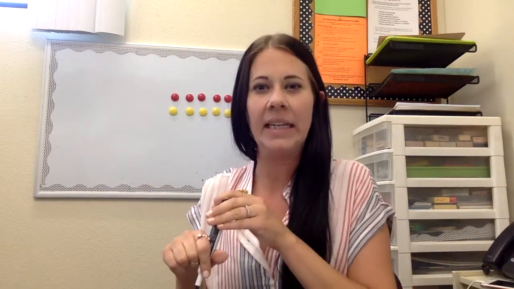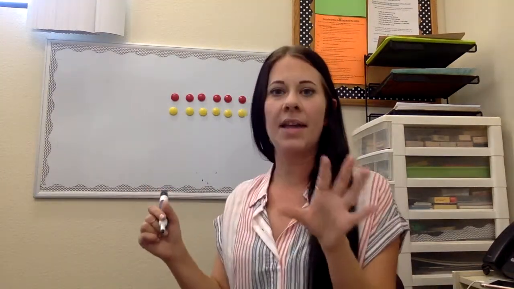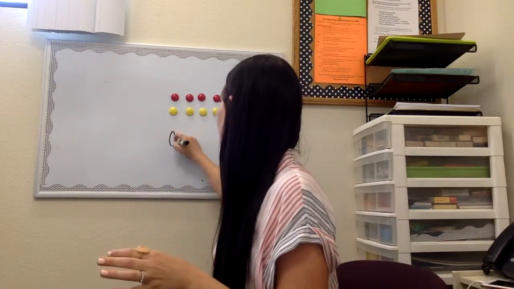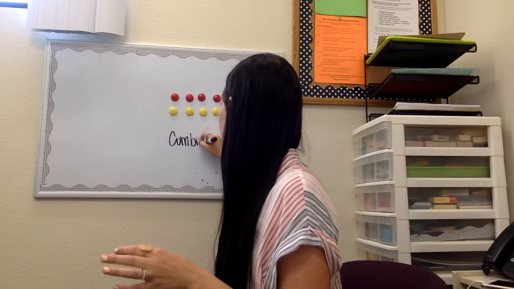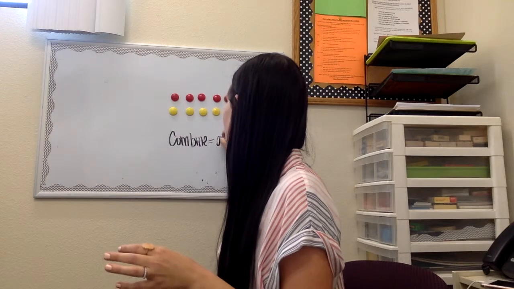So technically, when you do this math and you're adding integers with the same sign, which I also like to call combining integers, I want you to add to your notes that combine is like adding.